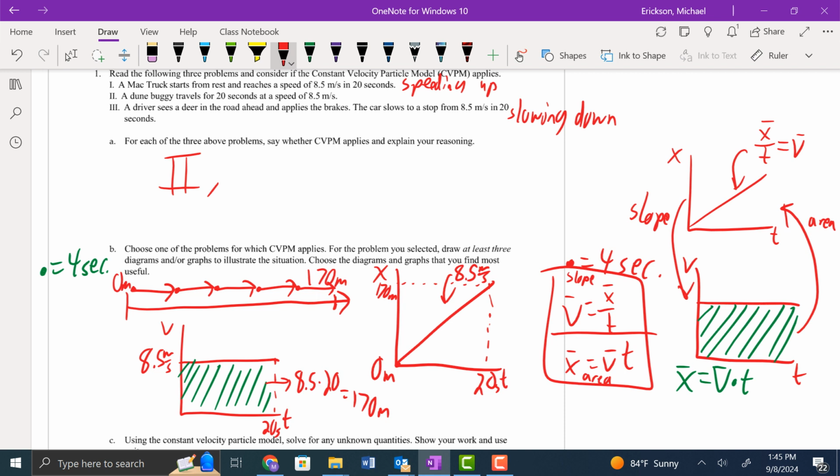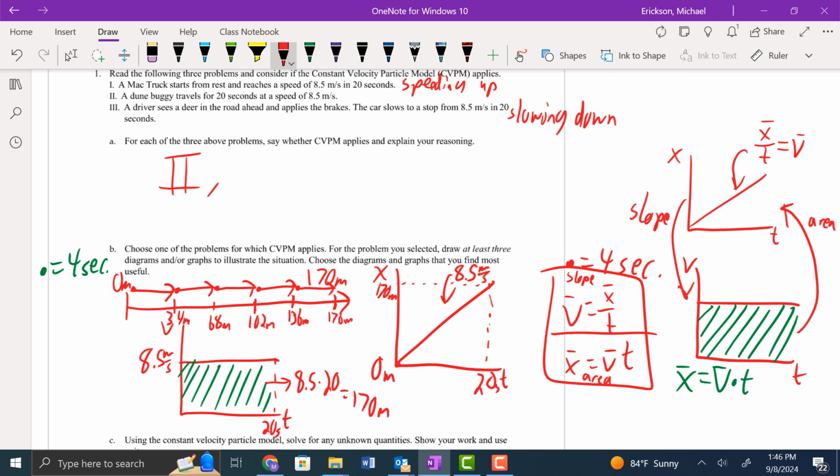Hopefully this makes sense. I can break this up. So 170 divided by 5, I would get 34 meters. Does that sound right? 34 meters each time, so 34 meters, 68 meters, 102 meters, 136 meters, and then 170 meters over here.